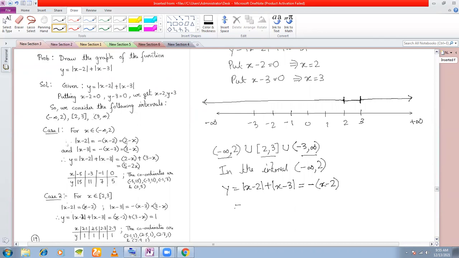Suppose x is a number less than 2, let's say 1.9. What do you get? 1.9 − 2, isn't it? So what do you get here? Mod of −0.1, which is −(−0.1), isn't it? So that is why you have −(x − 2) from the definition of modulus.